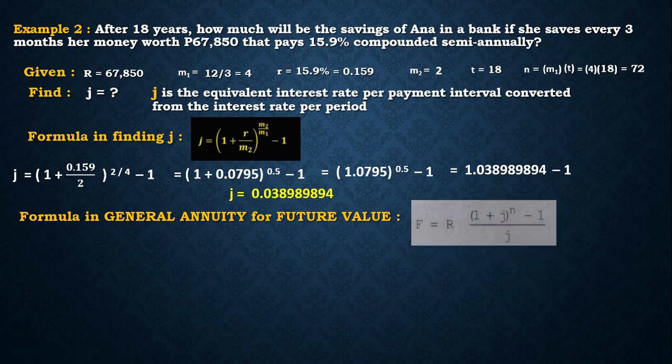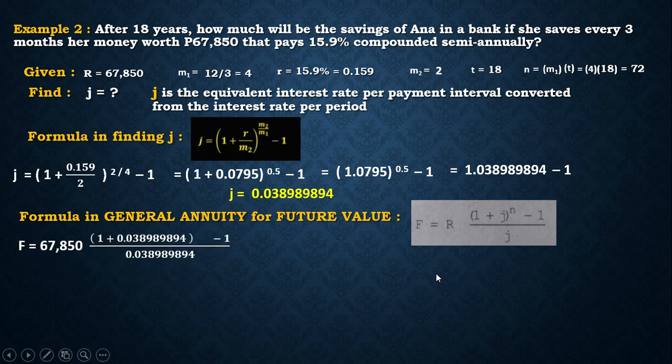Next step, we have to compute for the general annuity for future value. And we have the formula. F is equal to R, which multiplied by the quantity of 1 plus J raised to N minus 1 divided by J. So ito po ang formula in finding the general annuity for future value. And then we have to substitute those letters in the formula. So sinubstitute po natin yung R, naging 67,850.